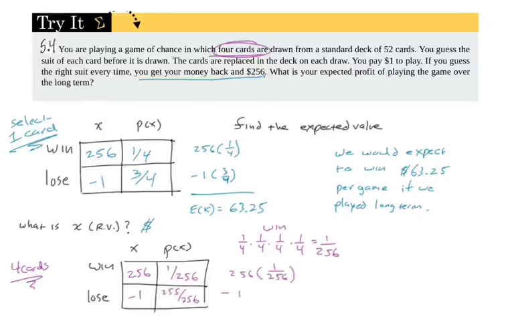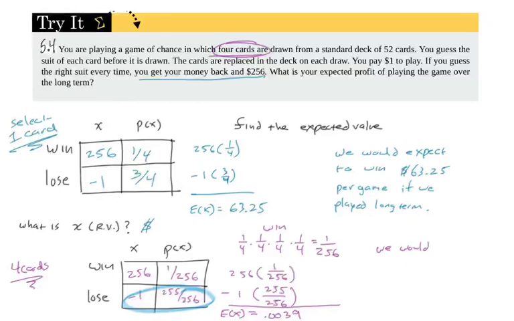And again, we're going to go ahead and just multiply across there. And we're going to do the same for the bottom. We're just going to multiply across there. And then we're going to want to go ahead and add them up for the expected value in this case. And our expected value is going to be 0.0039.